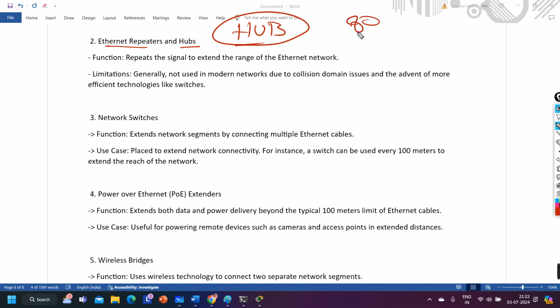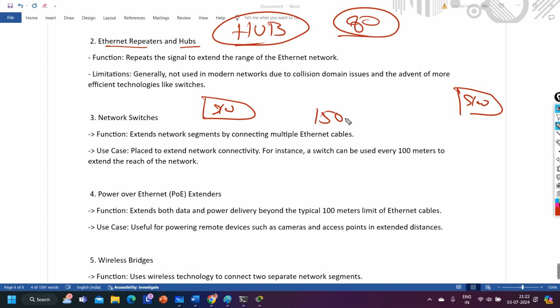So after every, let's say, 80 meters, you connect one hub. So let's say you have one switch here and another switch here, and the distance between switch 1 and switch 2 is, let's say, 150 meters. So can I connect these two switches together without optical fiber? Yes. I can use one Ethernet repeater over here.